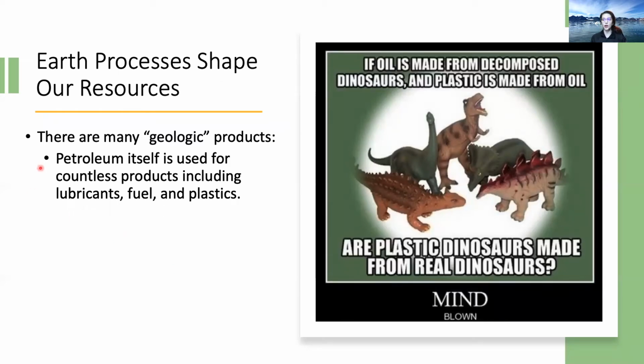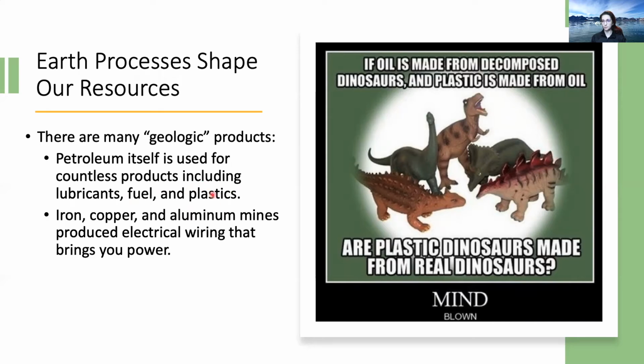Petroleum and oil are used for countless products, things that you probably don't even think about, including lubricants and plastics. We're probably all familiar with petroleum being a fuel source, but petroleum is a large product in our plastics.